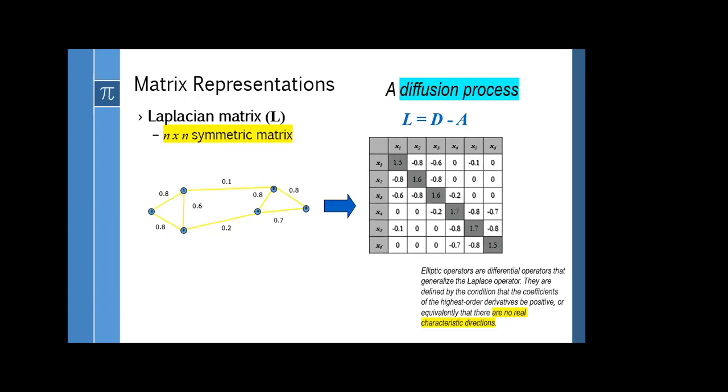Imagine a diffusion. So I have a graph, or just random walkers which move from node to node, or if I think about a relational database, from entity to entity, following weights defined by the relational database. So I have a diffusion process.